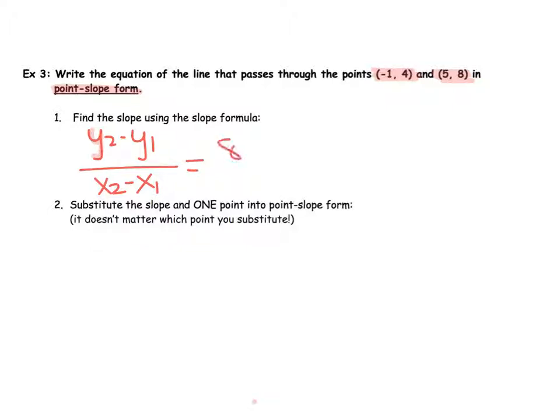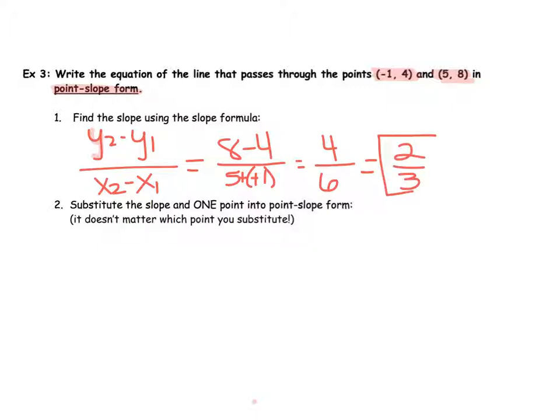You get 8 minus 4 over 5 minus a negative 1, which becomes 8 minus 4 is 4, and 5 plus a positive 1 is 6. This then reduces to 2/3. So my slope, or my m value, is 2/3.